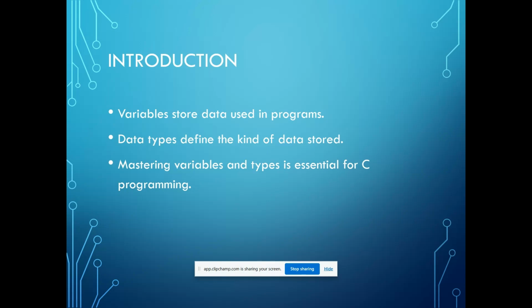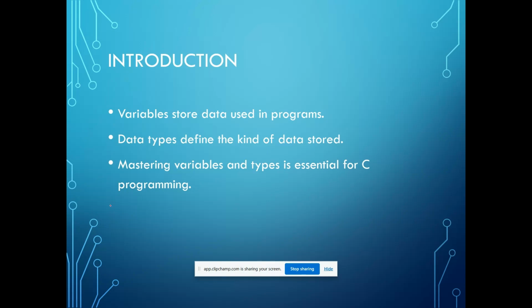Without them, you can't do programming. Okay. So think of variables as boxes and data types as the labels. Age goes in the integer box, grade in the character box, pi in the float box.